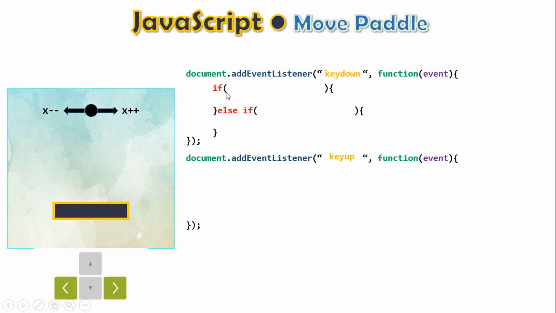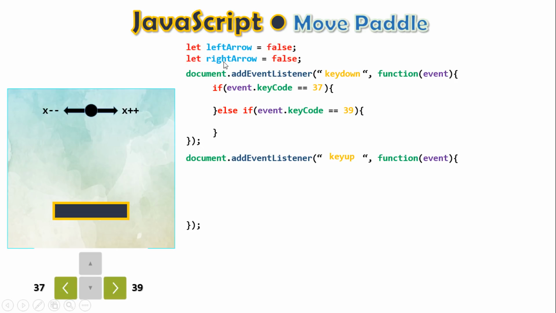So we will say if the event.keyCode is equal to 37. Here 37 is the key code of our left arrow, and here we will say if the event.keyCode is 39, which is the key code of our right arrow. Before, we need to create two variables. The first is leftArrow, the second is rightArrow. I set them both to false.